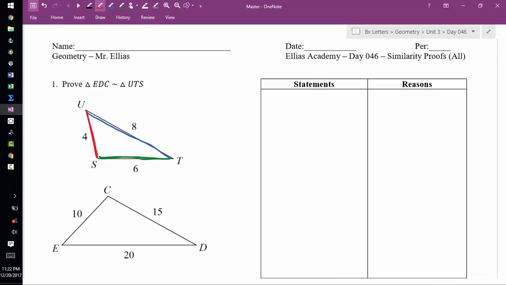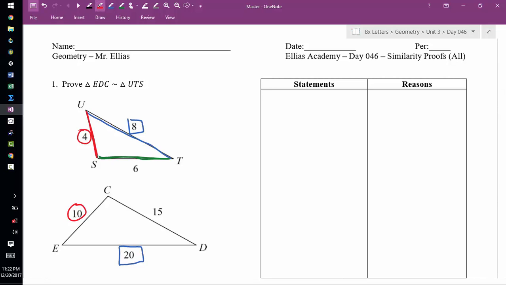So I can see out of that first triangle, 4 is the smallest side, so when I look at the corresponding triangle, 10 would be the corresponding smallest side. I can see in my top one, 8 is the biggest, and 20 is the biggest. And then 15 and 6 are going to correspond.